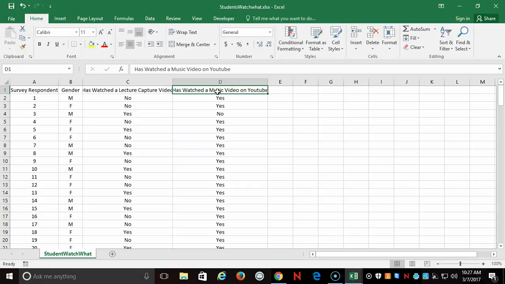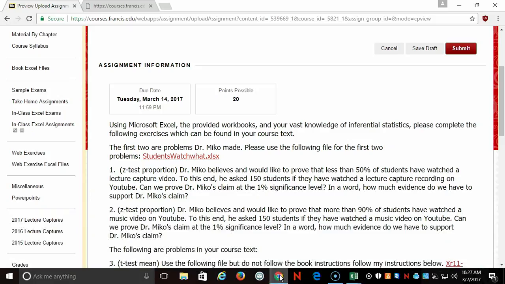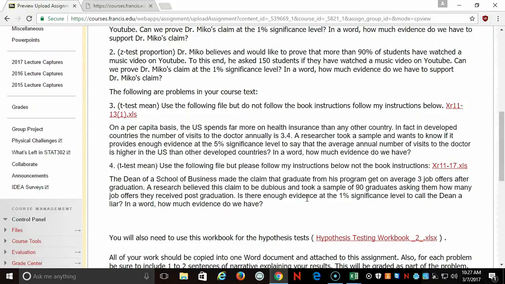Does this make sense? The third and fourth one are both test of a mean where we don't know the population standard deviation, so we're going to use t-test means. Very much like you're doing for your homework, right? So these are both problems, a little bit different, but kind of the same thing, okay?